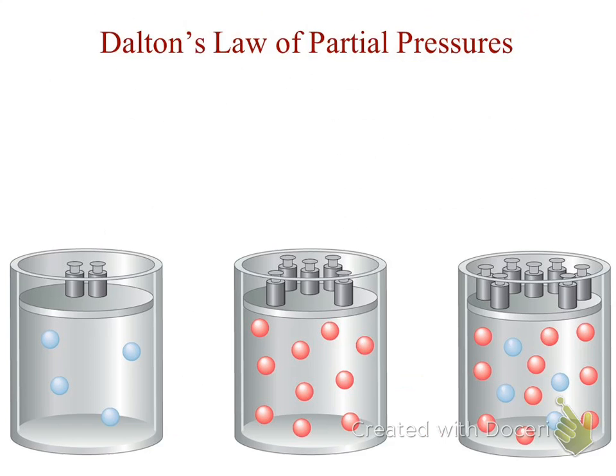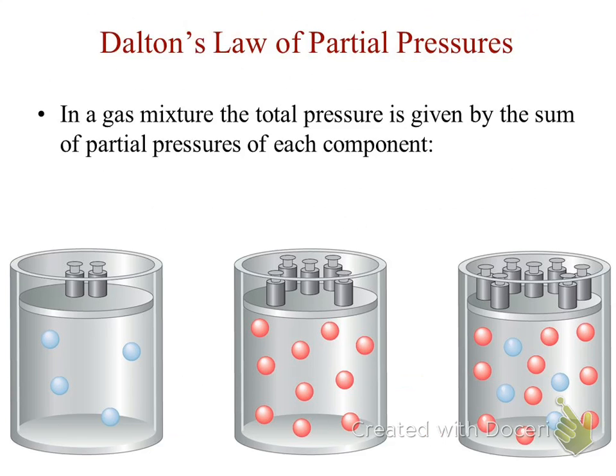Now, Dalton's laws of partial pressure. Basically, our buddy Dalton, we remember him from our atomic theory, first developer of our atomic theory. He did a lot of experiments also with gases. And one of his main laws that we utilize today is that in a mixture of any gases, however many gases it may be, each one of them exerts their own pressure.